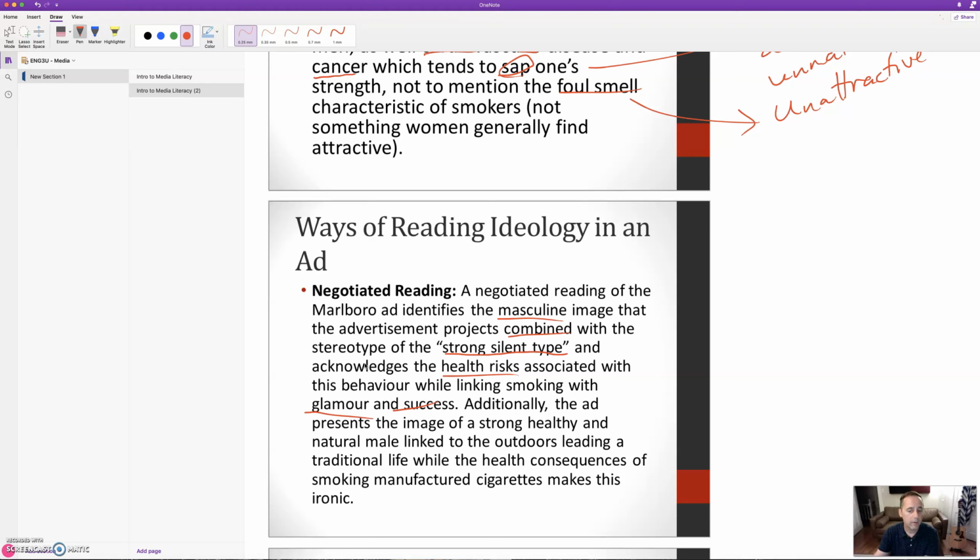Additionally, the ad presents the image of a strong, healthy, and natural male linked to the outdoors, leading a traditional life, while there's the oppositional. The health consequences of the smoking manufactured cigarettes makes this ironic. Okay, so you've identified reading number 1, you've added reading number 2, put them together, you have a negotiated reading.